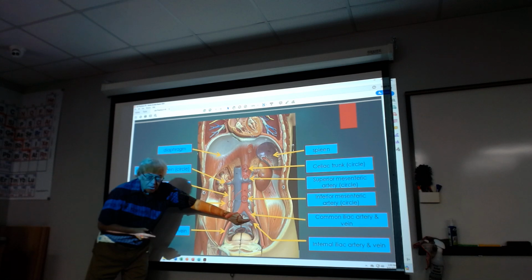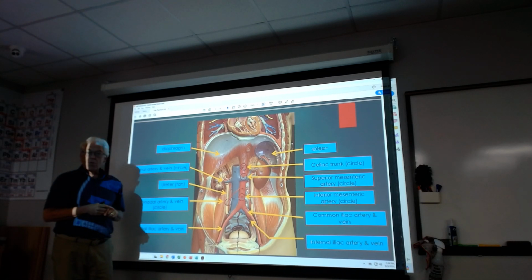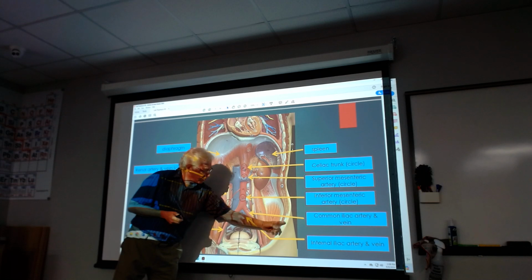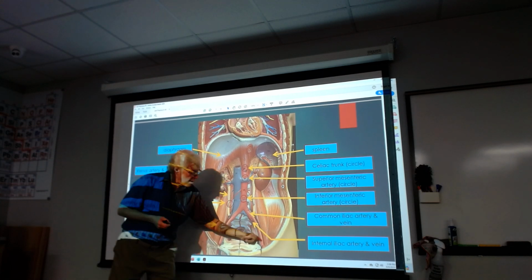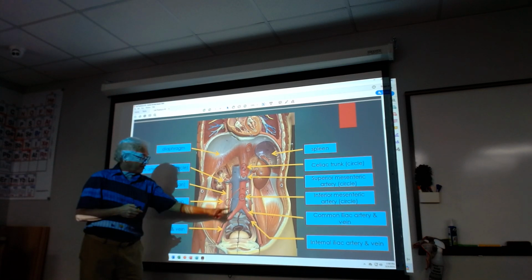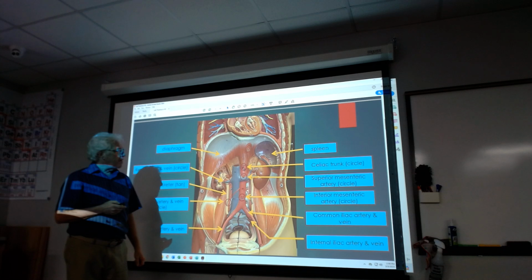It'll be right here where you can see an internal, and it'll be somewhere along the bottom area there for the external, okay? Which is going to go past your abdominal cavity and become the femoral artery once it's in the femur. But again, same blood vessel, just giving it different names, okay?